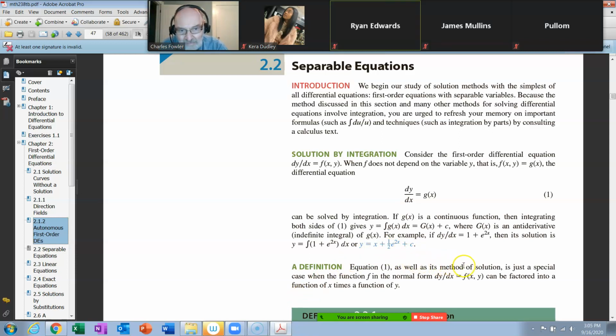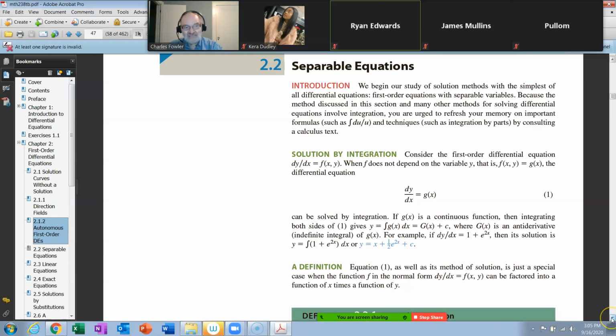All right, now the upcoming definition, as well as a method of solution, is just a special case of when a function f in the normal form, dy/dx is equal to f of x, y. If that f can be factored into some function of x times some function of y, then that is what we say is a separable differential equation.